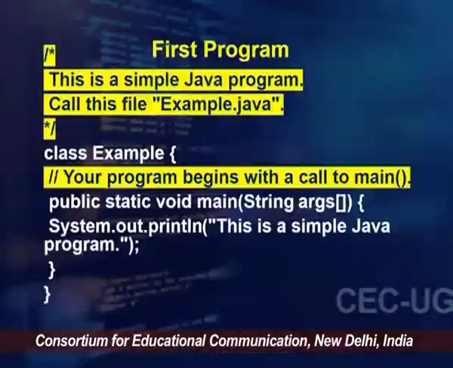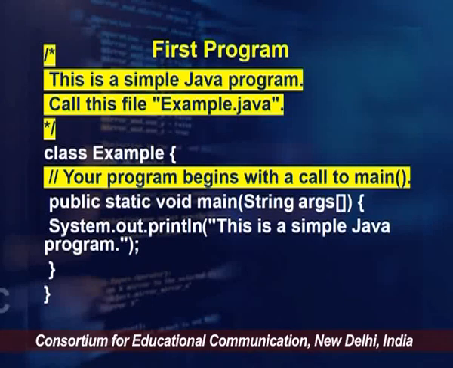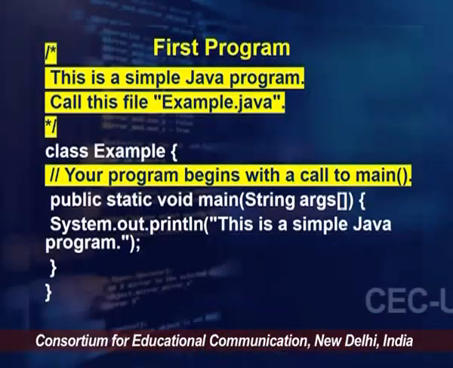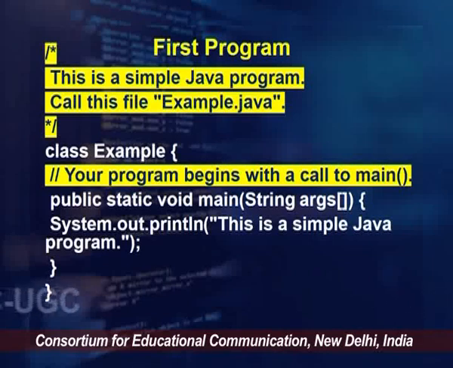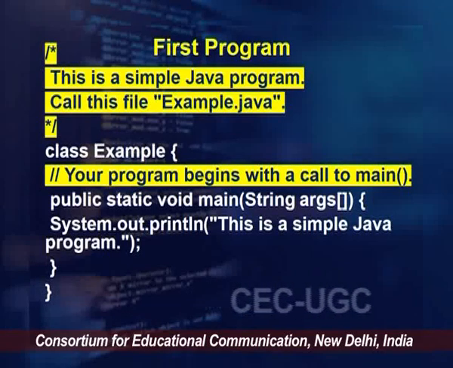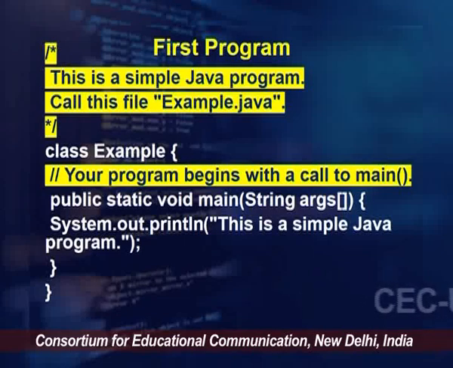So class example, then there is an opening curly bracket, and then whatever statements you want to write within the body of that class, and at the end it terminates with a closing curly bracket. So the first yellow highlighted portion is a multi-line comment, the second yellow highlighted portion is a single line comment, and then there is the keyword class and then an identifier which is example.